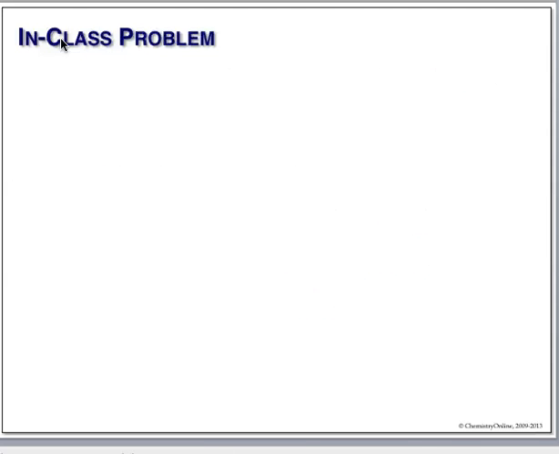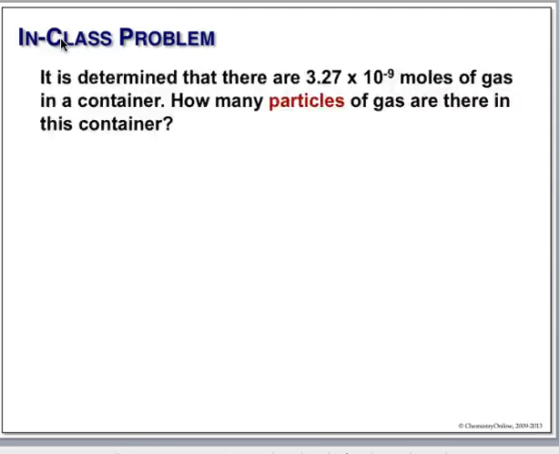All right, what if we changed it around? And I said there were 3.27 times 10 to the minus 9 moles of a gas. How many particles of gas are there? It could be molecules, could be atoms, doesn't matter.